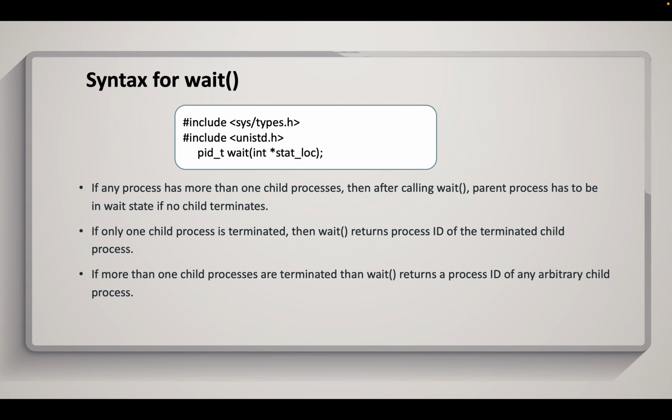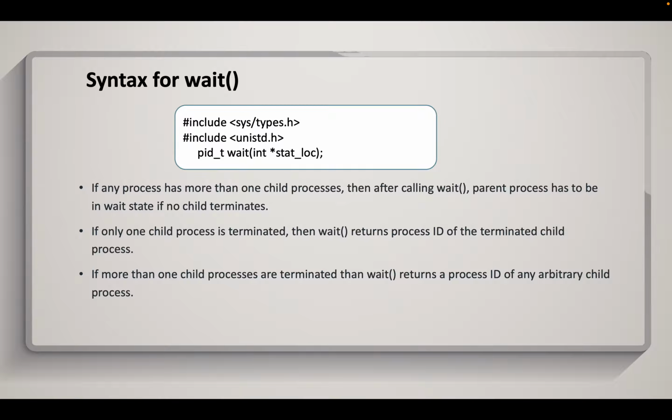The wait system call has only one argument, an optional argument, that is stat_loc. So when we make a parent process wait for the child, the child status will be stored here. If you have only one child, then the parent will wait for that particular child.